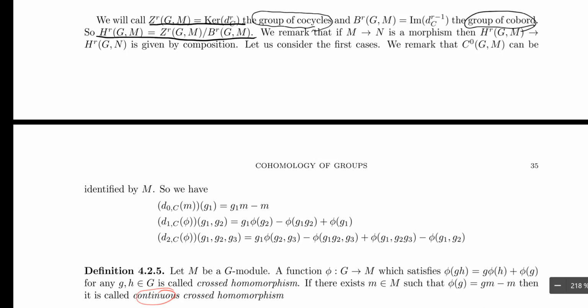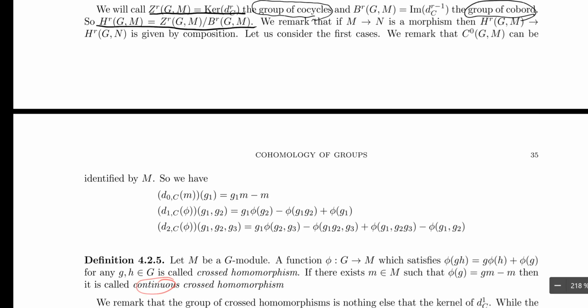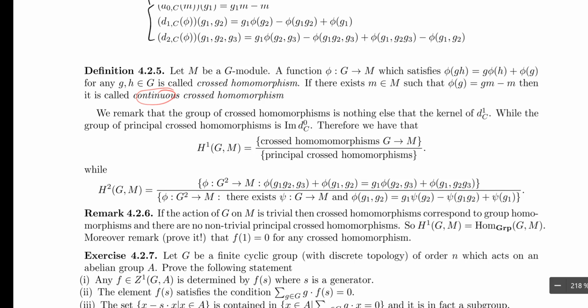It just tells you how many holes there are. Remark that if M to N is a homomorphism, then this is given by composition. Yes, obvious. And if you compute explicitly, you have d0 and d2 in this way.